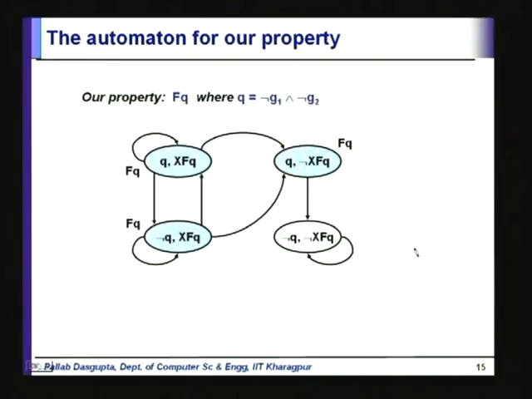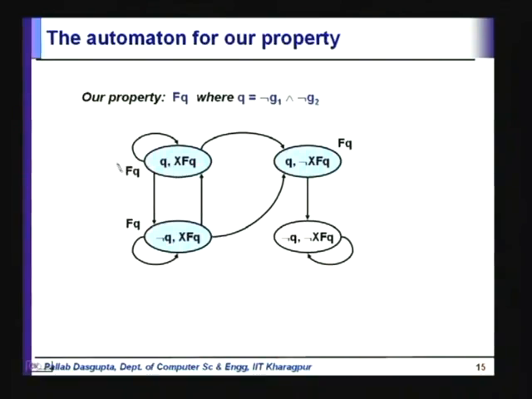In fact, when we construct this automaton, we will first decide the set of states. How? By unfolding the property and picking up the X-guarded temporal terms and the propositions. If we have k of these, then we will have 2 to the power k states in the automaton, and then we will say that phi is true in these states based on what is true here.